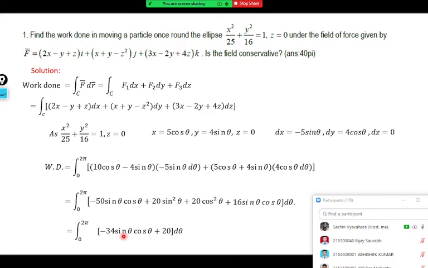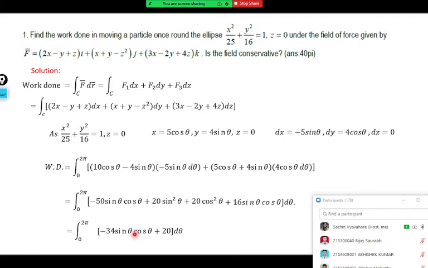Both ways you get the answer, but I will tell you the simplest rule. When the limits of the integral are 0 to 2 pi, and sine or cosine has an odd power, at least one trigonometric term in the multiplication has an odd power, the integration of that term is 0.